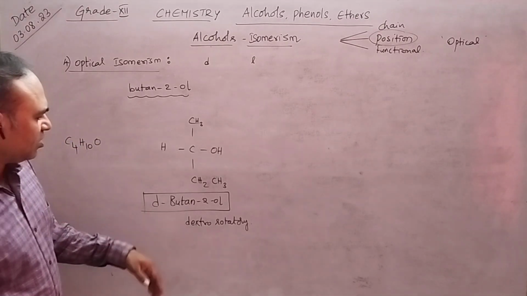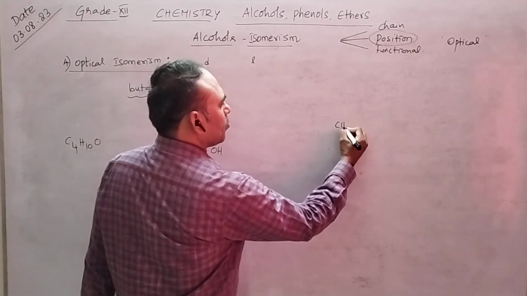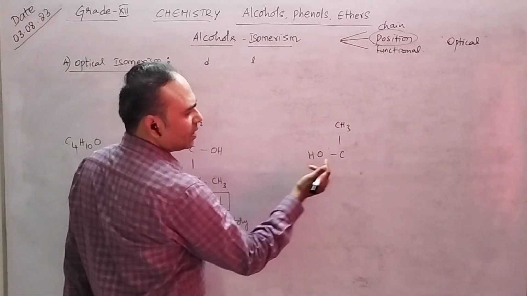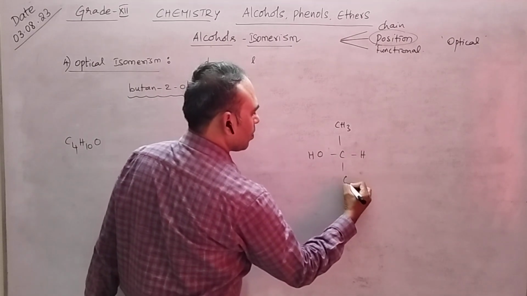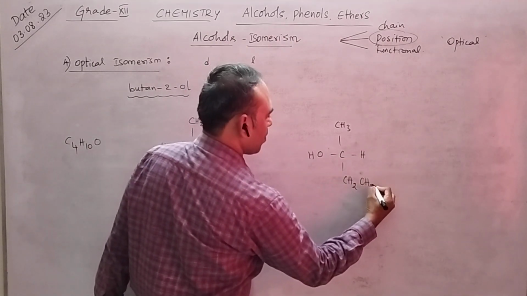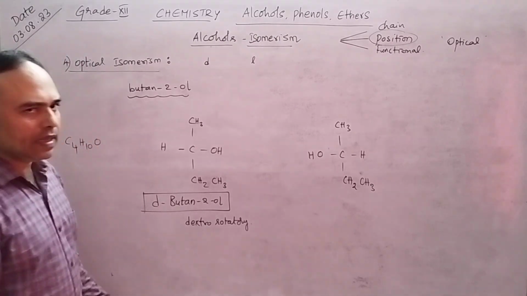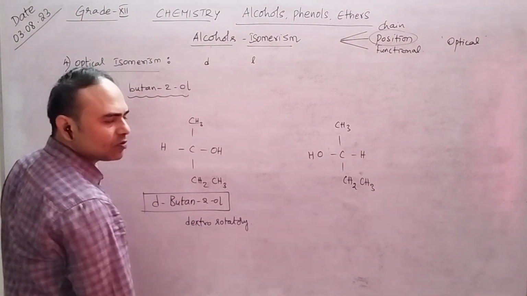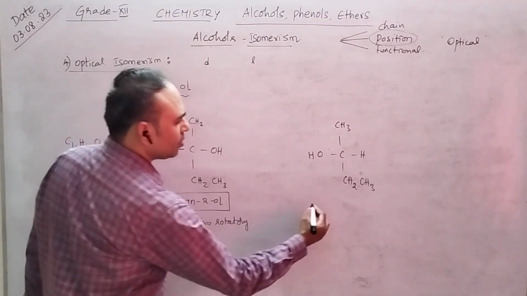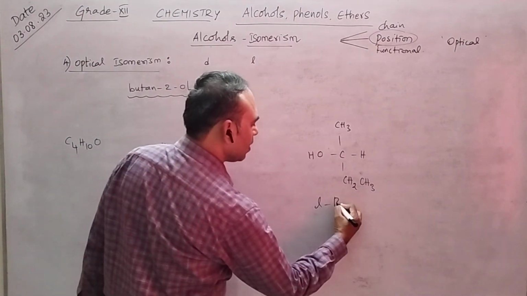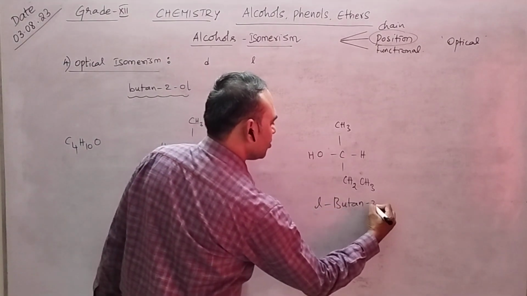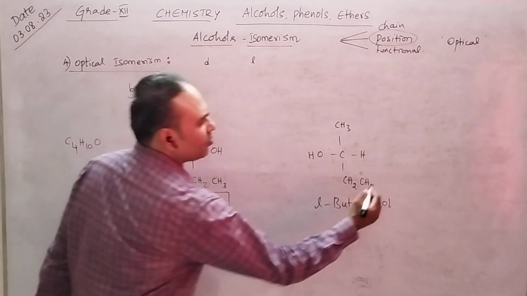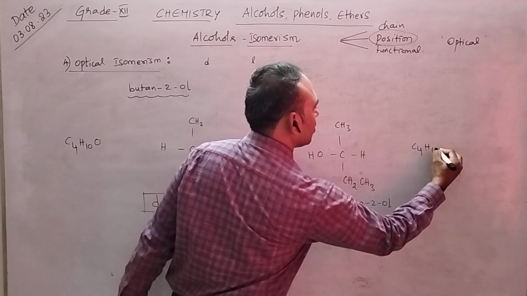Now coming to the next one. So what is done here? The OH group is written on the LHS. So this will exhibit levorotatory nature. That means the plane polarized light is rotated towards left or anti-clockwise. So I can write small l butan-2-ol. Coming to the molecular formula, once again you will get C4H10O.